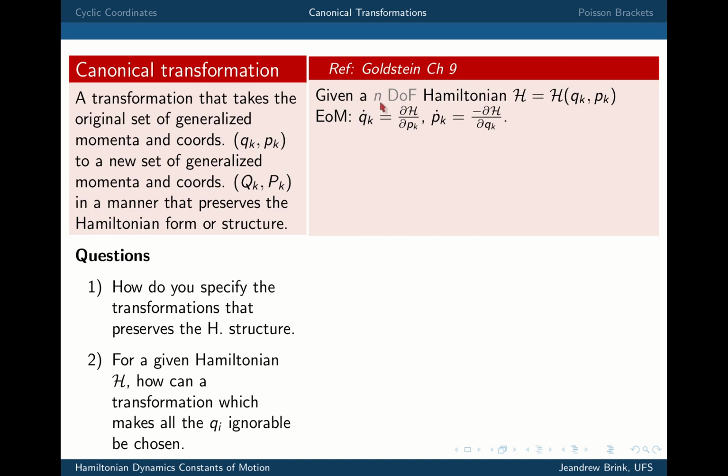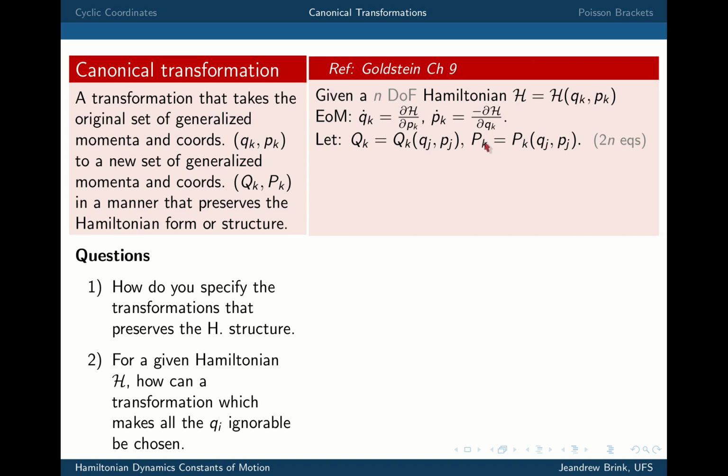Okay, so let's simply take the stuff on the right and actually write it down in equation form. So suppose we have an n degree of freedom Hamiltonian, in other words, k goes from 1 to n. We write down our equations of motion in the one set of variables, and then we have the second set of variables, a transformation to a new set of variables, which we're going to say our big variables are Q, which are functions of the previous set, namely qj, pj, and the big P is also a different function of qj, pj.